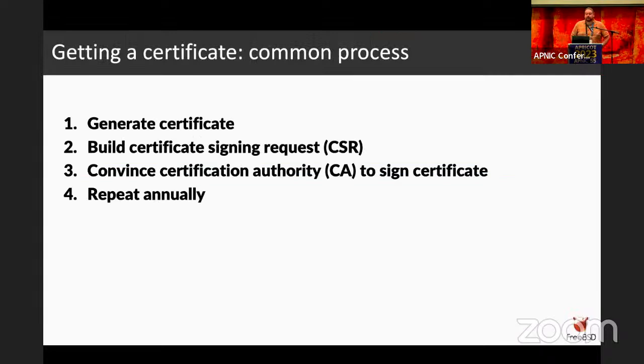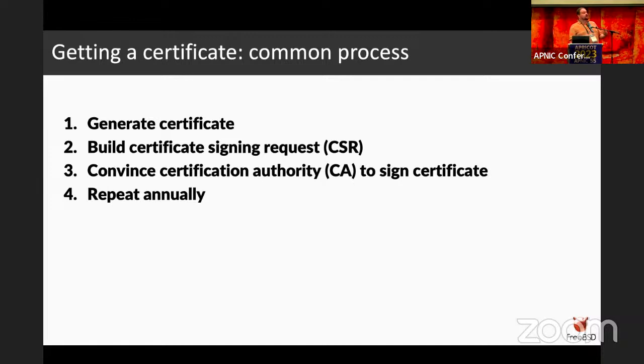So, the common process of getting a certificate has been the same for many years. You generate your certificates, you build something called a certificate signing request, which is a blob of incomprehensible X509 data, usually base64 encoded.